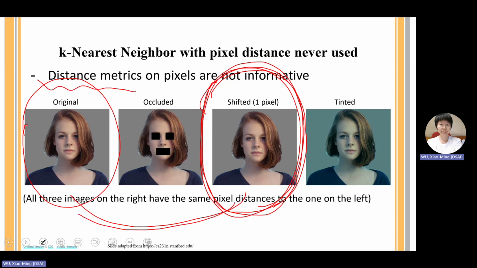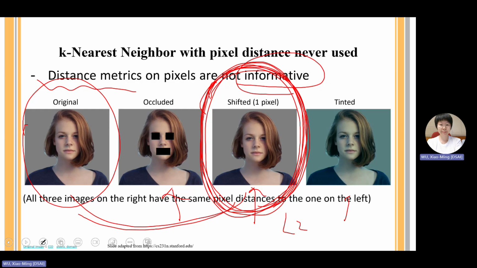However, under this distance metric, you cannot differentiate the three of them because they all have the same distance. So the L2 distance, or Euclidean distance, is not an informative distance metric because it cannot capture the similarity. It's not informative about how similar the two images are.